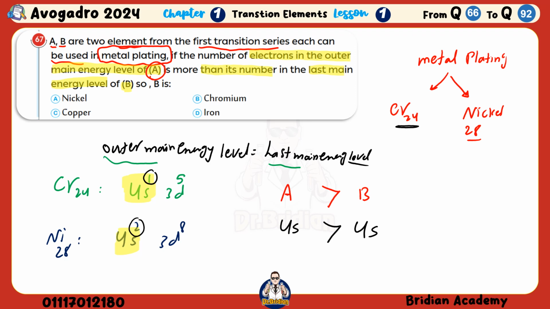That means 4s2 refers to symbol A, and 4s1 refers to symbol B. So 4s2 3d8 is nickel and 4s1 is chromium, and he asked about symbol B, so it will be chromium 24, and our correct choice is choice B, chromium.